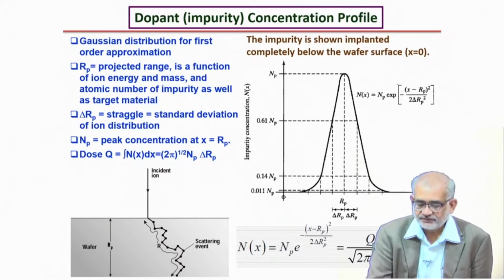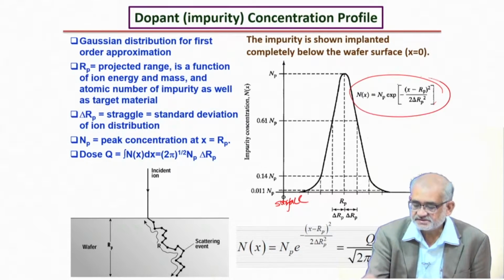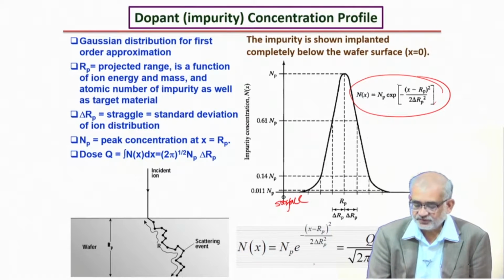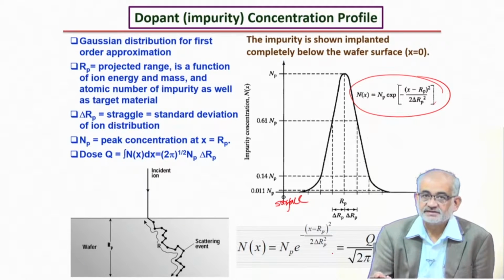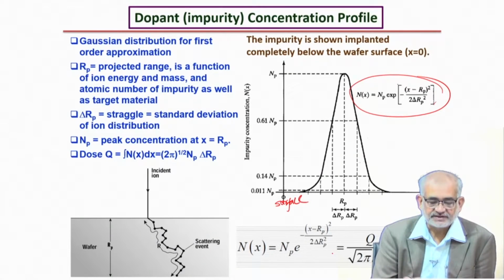So this is the profile we have just discussed. If this is the surface, then the peak is not at the surface, but below the surface. Now, this is typically expressed by an exponential profile like this, and this profile can be estimated very accurately if we know exactly the mass and the excitation voltage, and hence the kinetic energy, the velocity and momentum each of these ions will carry.